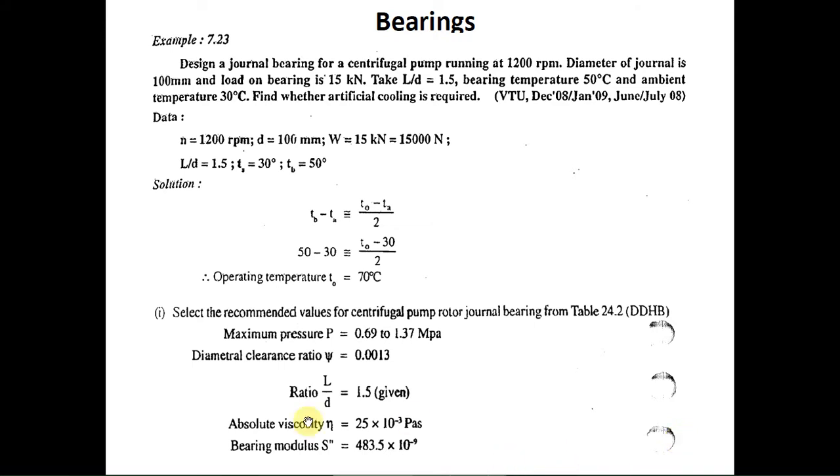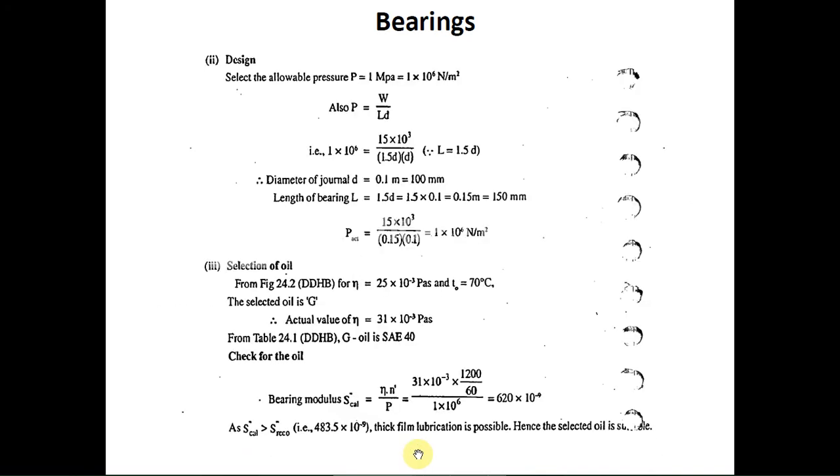This is the recommended bearing modulus value. You equate it with the calculated value of bearing modulus, and if the calculated value is greater than that, thick film lubrication is possible, hence the selected oil is suitable.